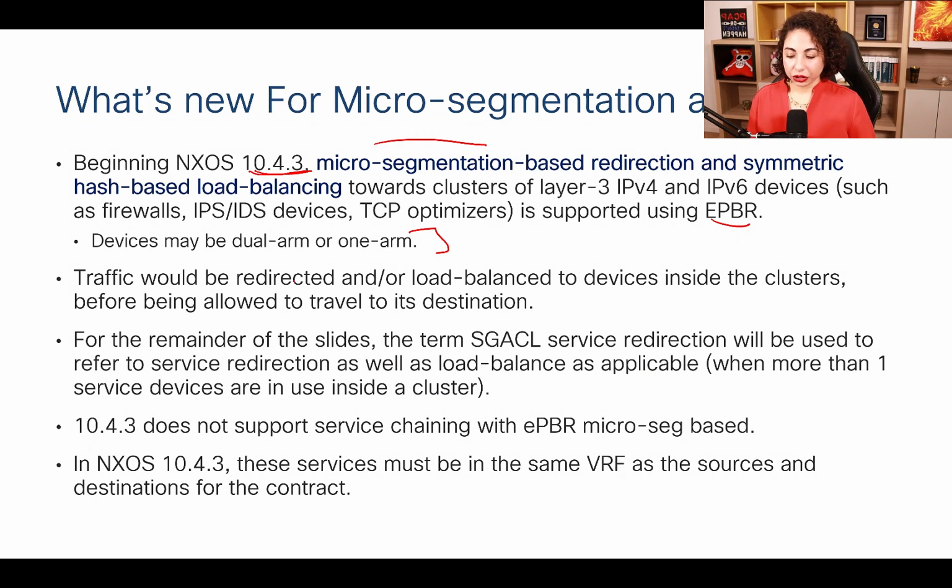So again, traffic will be redirected and load balanced to devices inside the cluster before being allowed to travel to its destination. We mentioned this a lot, but for the rest of the conversation, to simplify, when we say service redirection, we will have load balancing in mind as well, if applicable. Obviously, if you have just one device in the service, it doesn't make sense to load balance.